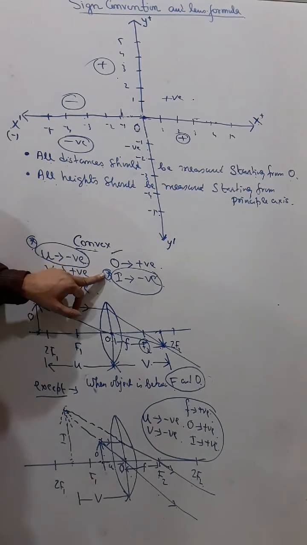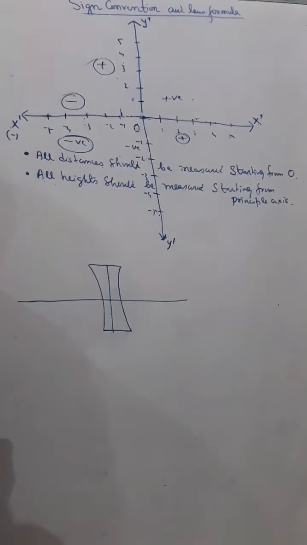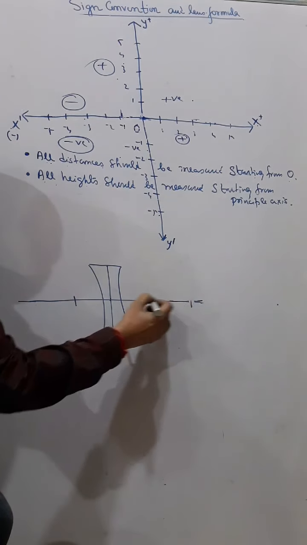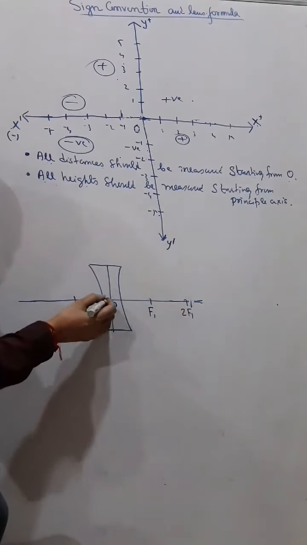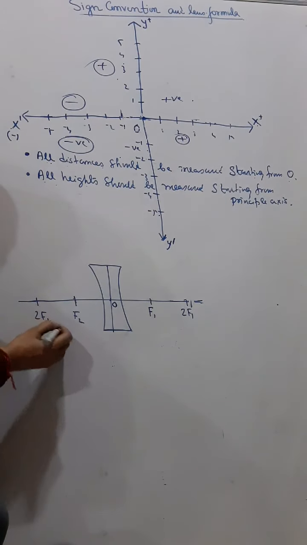Okay, now for a concave lens, now in a concave lens we have this side as F1, so this is O to F1, and here it will be F2 and 2F2.